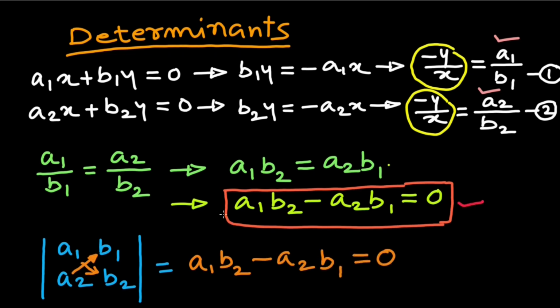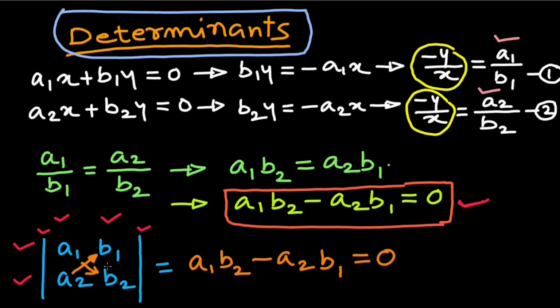So the method of writing a1 b2 minus a2 b1 equals 0 in the form of two rows a1 b1, a2 b2 or as two columns a1 a2, b1 b2 between two vertical lines is known as determinant, which can be evaluated by first taking a cross product of a1 b2 from which the cross product a2 b1 is subtracted and equated to 0.